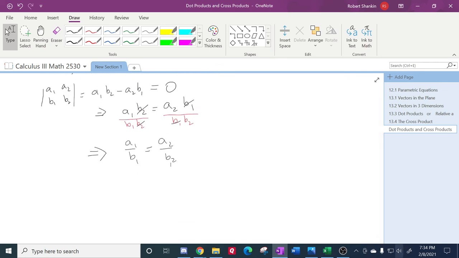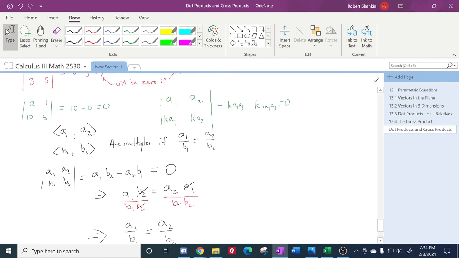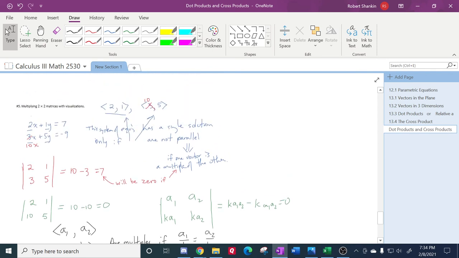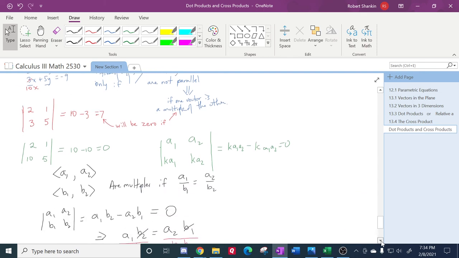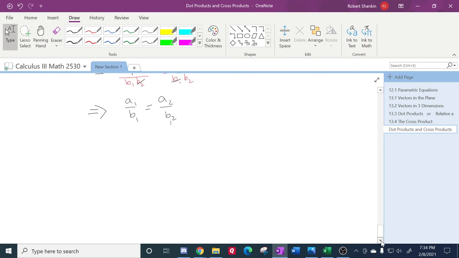There's another thing with we had these 2 vectors, 2, 1, and 3, 5. Let's take these 2 vectors again, 2, 1, 3, 5, and write them down.